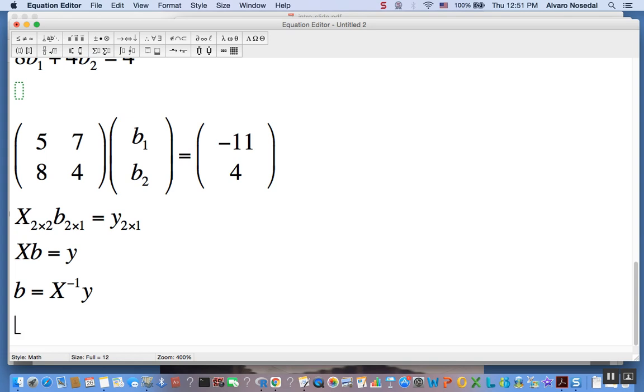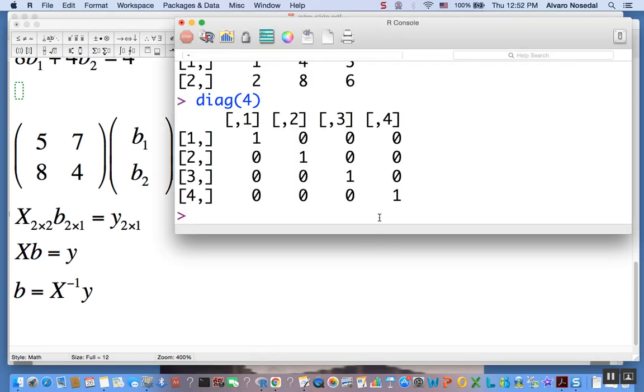As I said, we already solved this problem using a different approach, which you can check later, and both approaches give you the same answer. But now let's use R to find that solution.